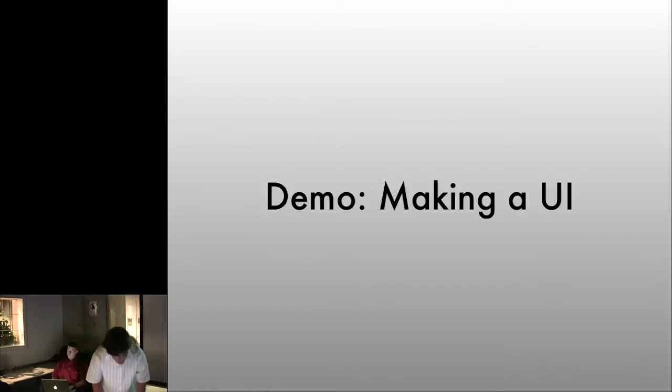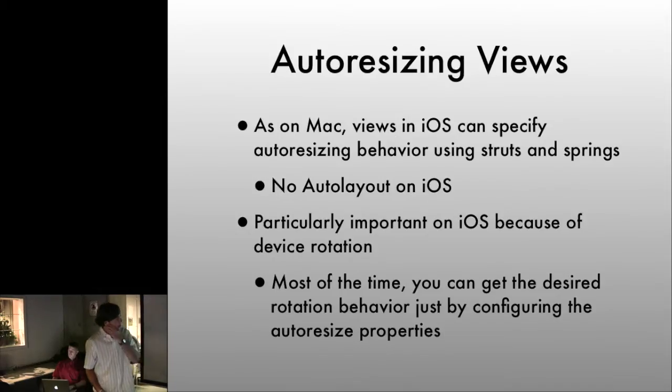Okay, so that's that. Again, this is all going to really smack of the same thing that we had from last time. But views can specify their auto resizing behavior, which doesn't make a whole lot of sense on iPhone because you can't resize the window. But what it is important for is how to handle auto rotations.